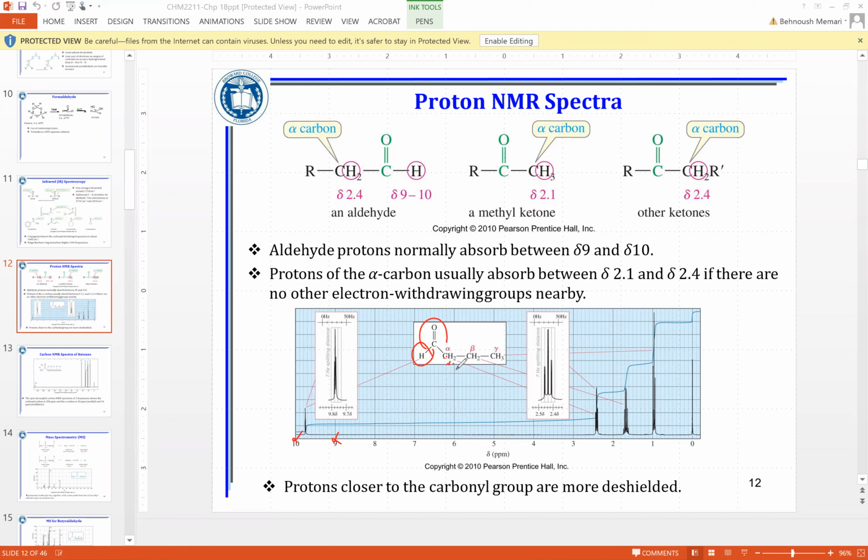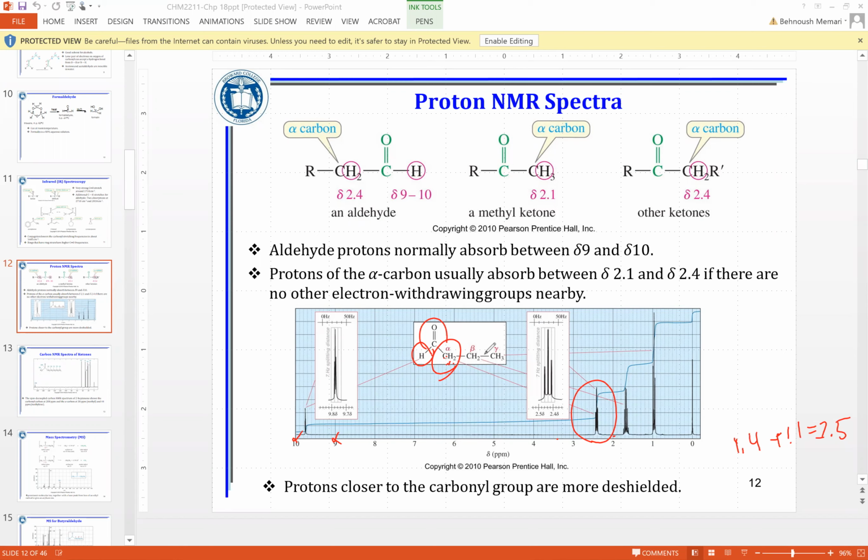It is going to shift to a higher number by at least 1 unit. So if you have a CH2 that is at 1.4, you add about 1.1 to that and it's going to be about 2.5. So this alpha hydrogen shows a peak between 2 and 3.